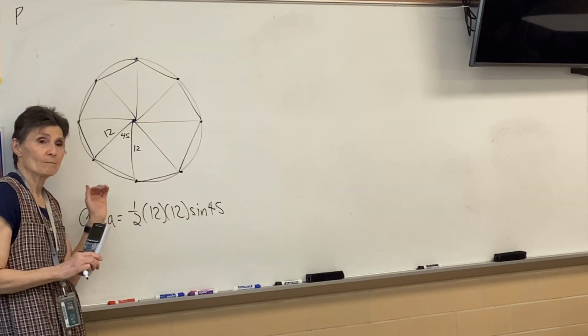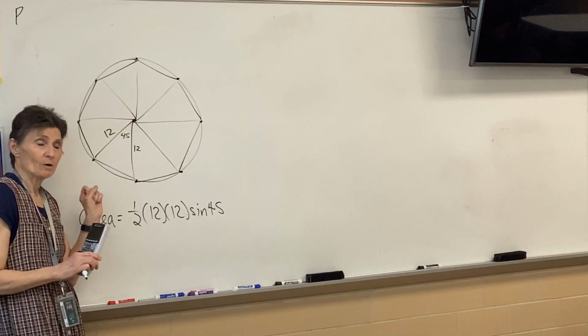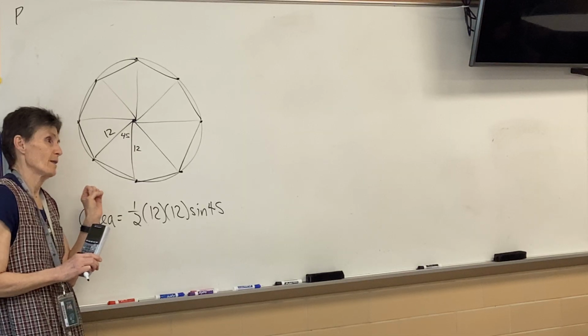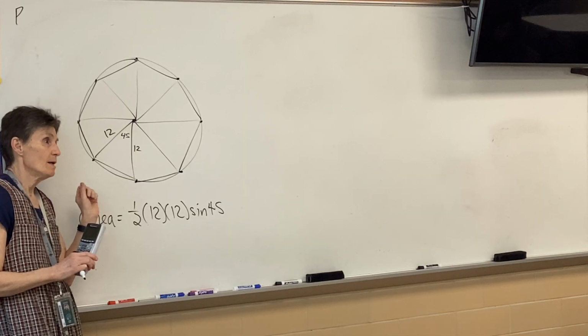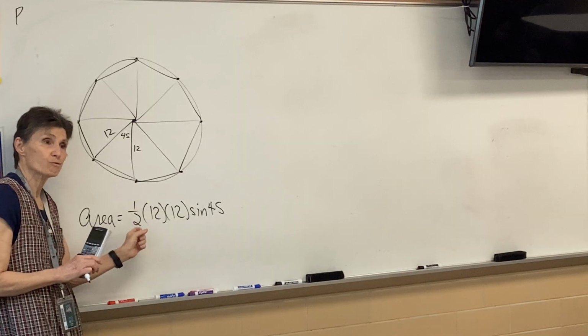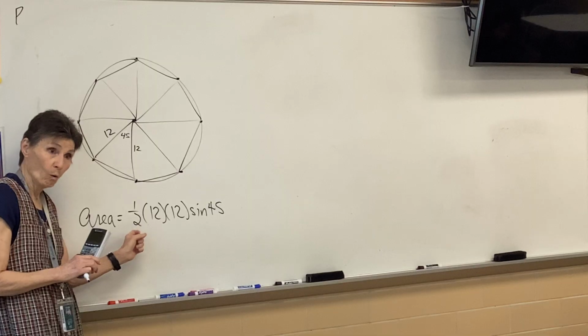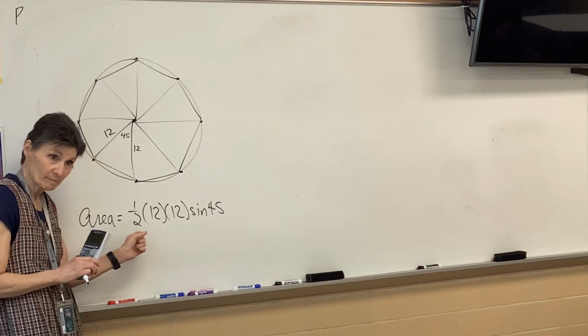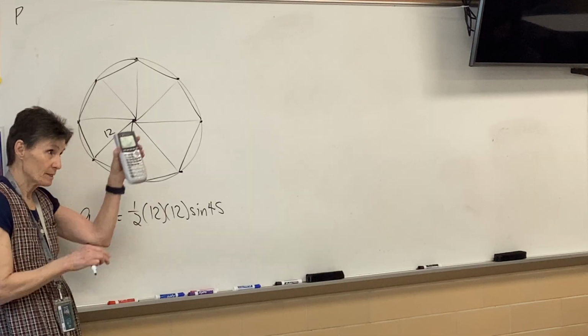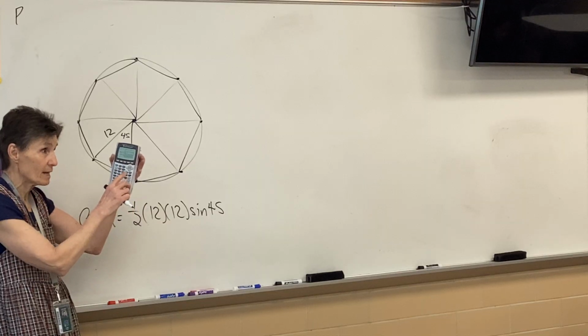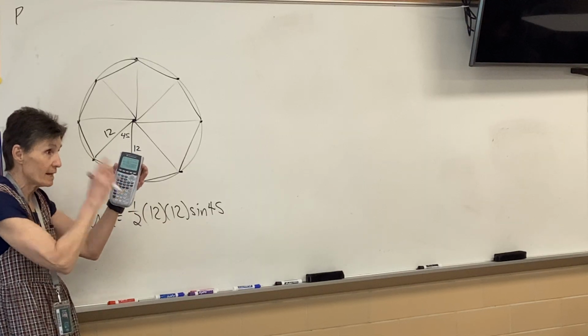All right, now, don't get excited and circle that. That is not the answer. That is the area of the triangle. I need the area of the whole octagon. So what am I going to do? I'm going to take this number right here and I'm just going to say times 8.